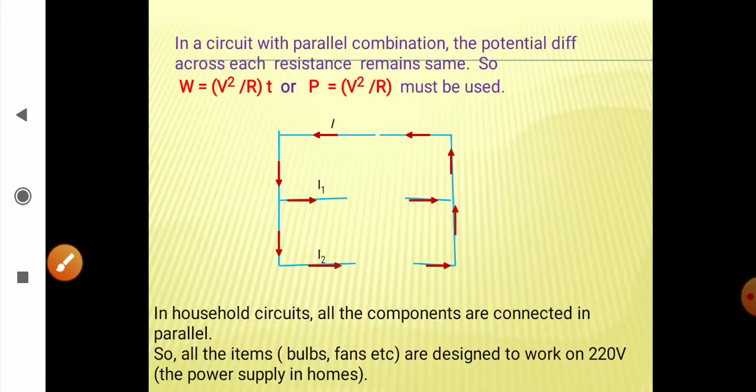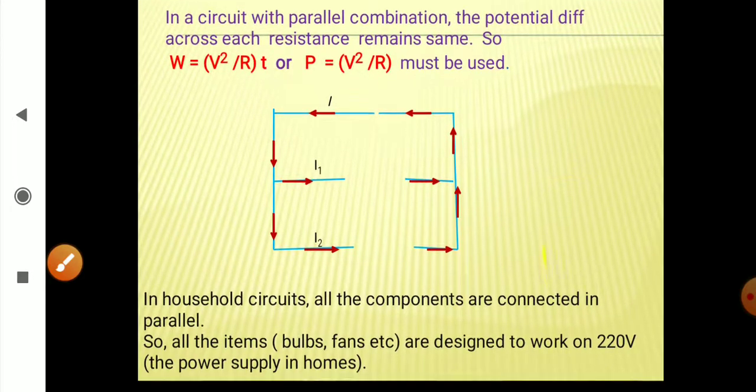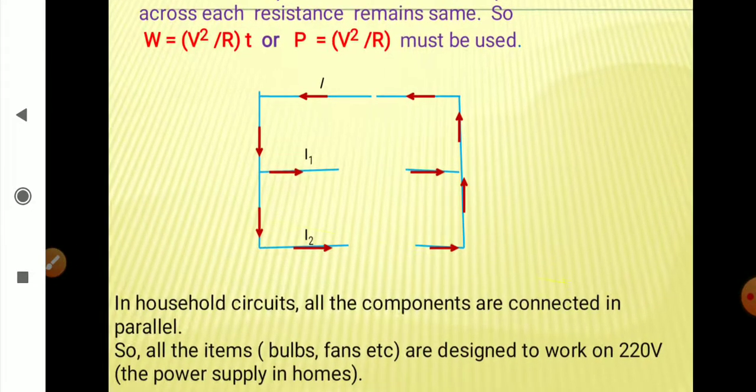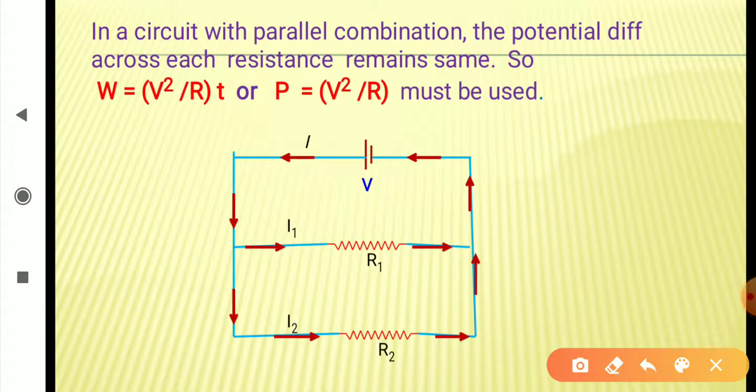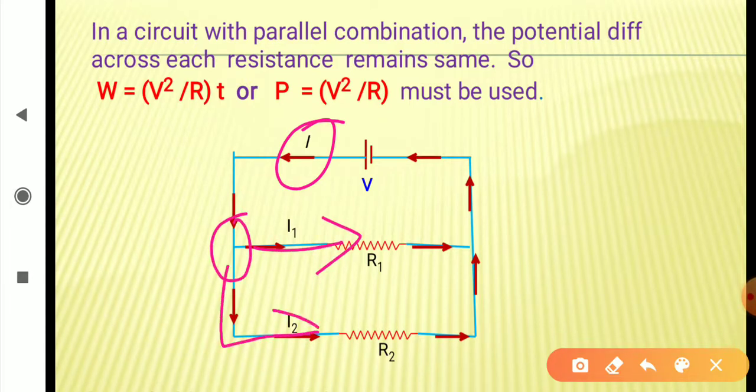Okay. Now what happens in parallel combination? See, in parallel combination, all the components are connected in parallel to the source of electricity. Now here current I is taken from the cell or battery, and at this point I1 goes to resistance R1, I2 goes to resistance R2, and then at this point these two currents meet and current I is returned back.